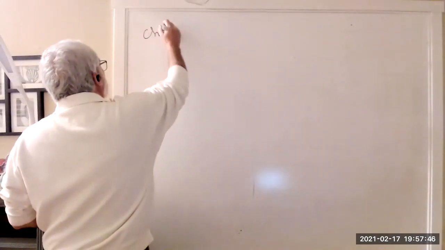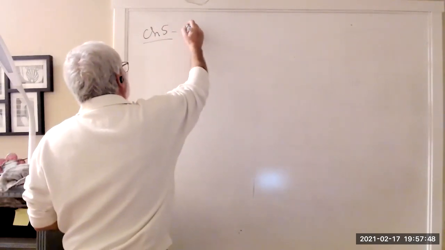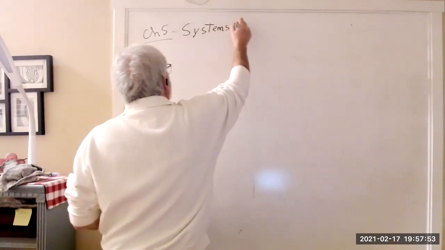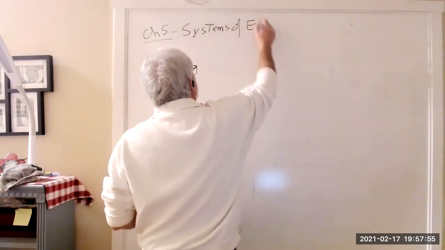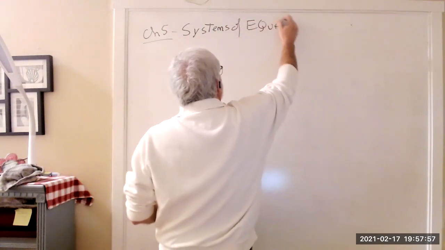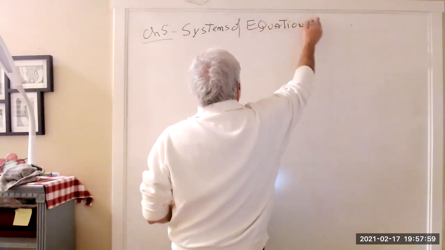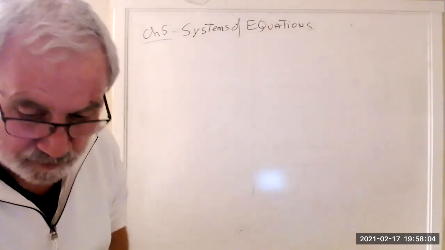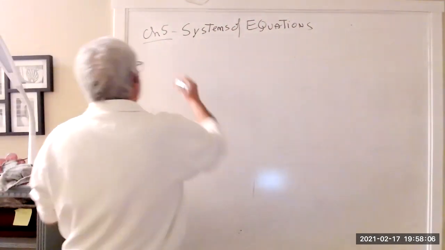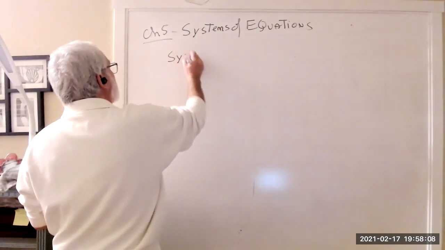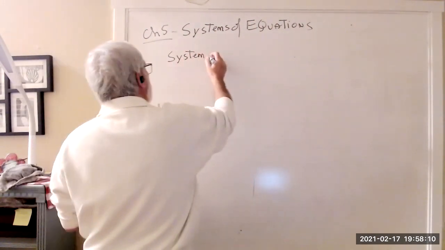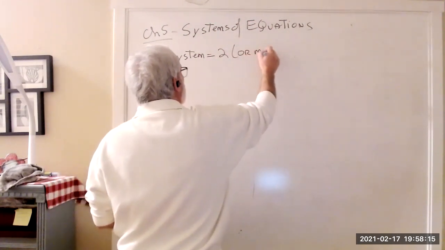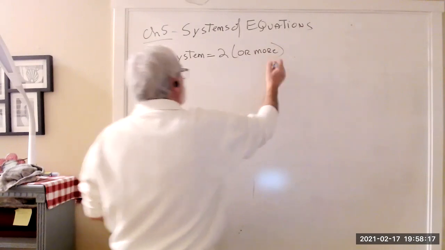Chapter 5 is all about something called systems of equations. A system is two or more equations.